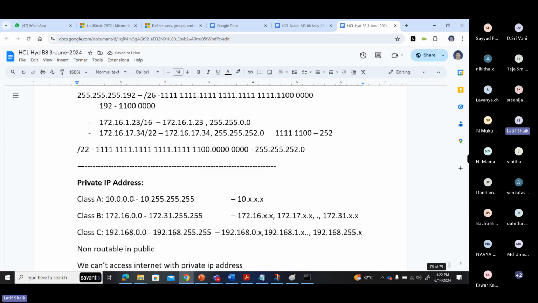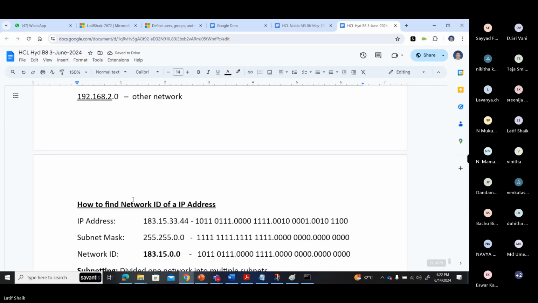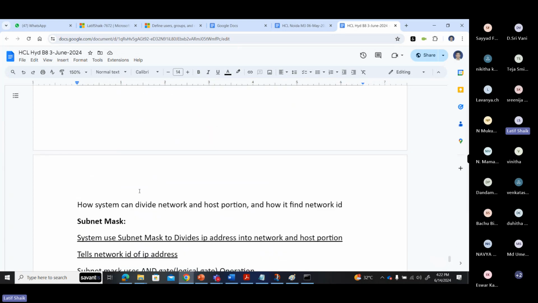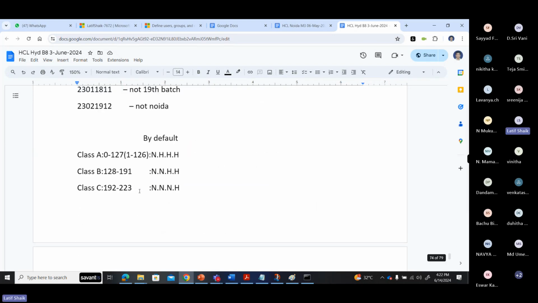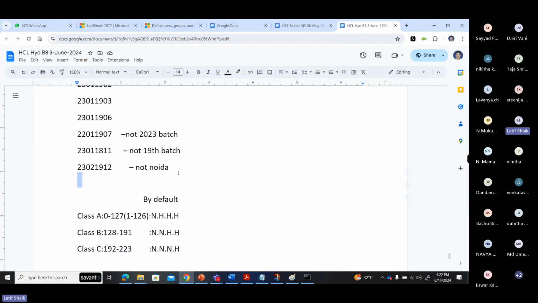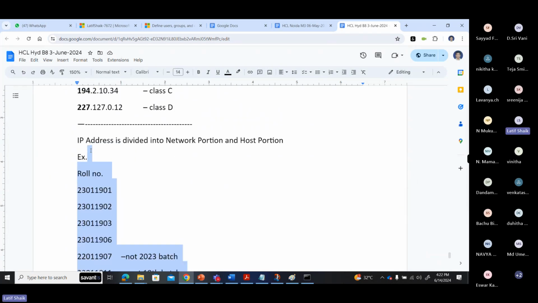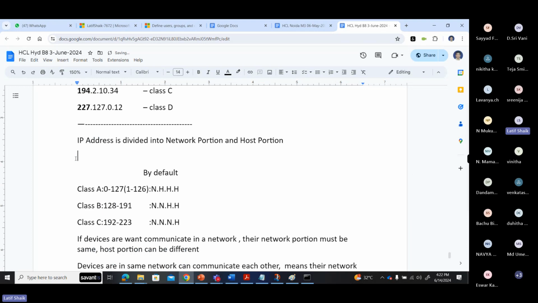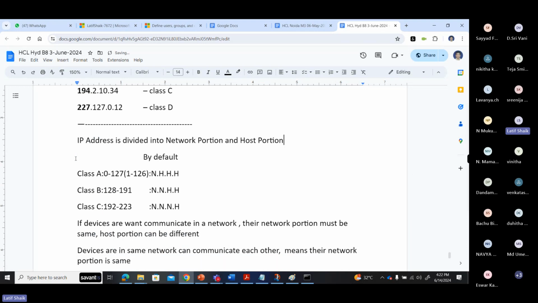What is the importance of an IP address, guys? To identify a device in the network. That is the major importance of an IP address.